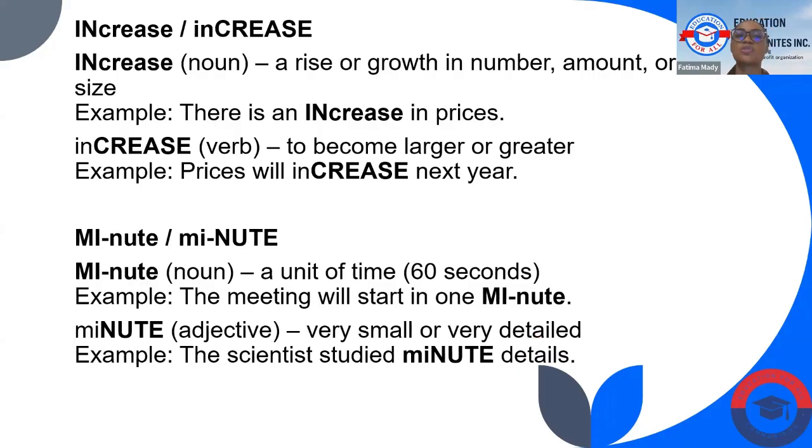When something is extremely small, you say it's minute. The scientist studied minute details. So you see, it has two different pronunciations, but the same word, because the stress has changed.